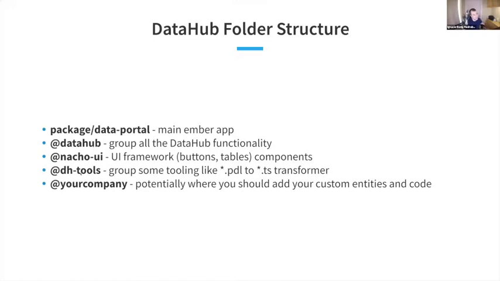Then we have DH tools, which is some tooling that we have for craftsmanship and maintaining quality of the code, and also for transforming the PDL schemas into the TypeScript definitions, which is actually essential.